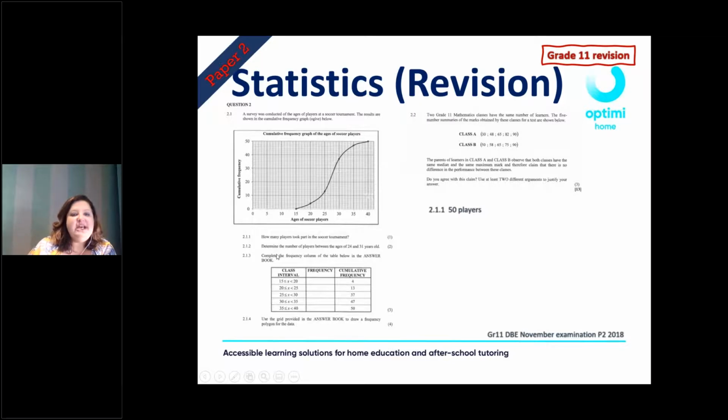1.3 says determine the number of players between the ages of 24 and 31 years old. So the only information that they've given me is this ogive, which gives me the ages of soccer players and the cumulative frequency. So I need to specifically look at how many players there were between 24 and 31 years old.